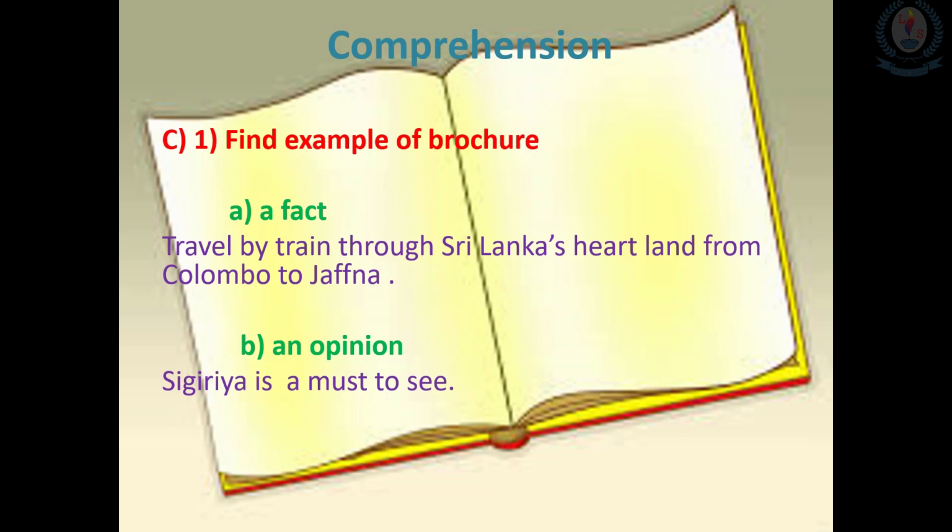Section C. Find an example from the brochure of a fact: travel by train through Sri Lanka's heartland from Colombo to Jaffna. An opinion: Sigiriya is a must-see.